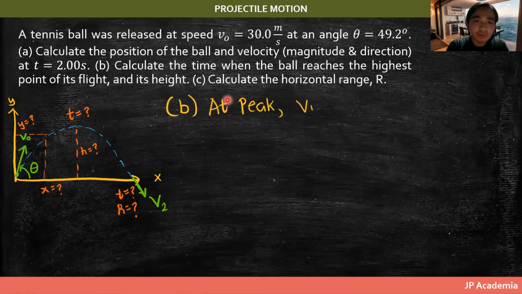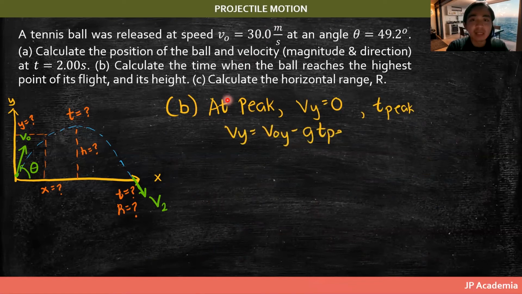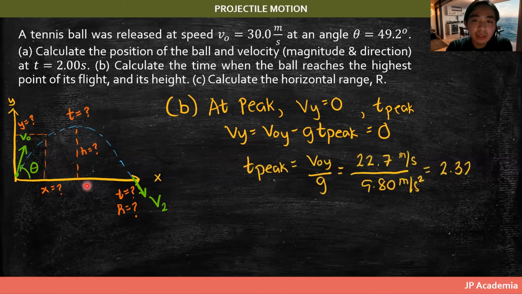Then for letter B, we want to calculate, of course, the time na ma-reach mo yung peak height. And alam natin sa peak height, si v sub y mo is equal lang sa 0. Okay, instantaneously, magsa-stop siya doon. And therefore, we can get the expression for your t-peak o yung time mo para makarating sa height na yon, which is equal to this one.